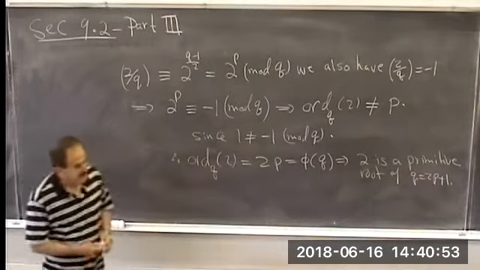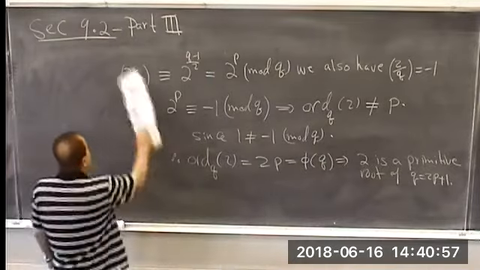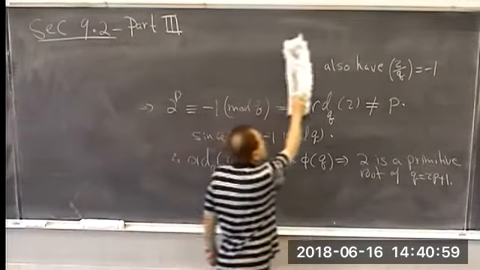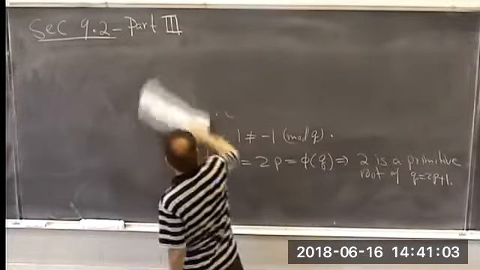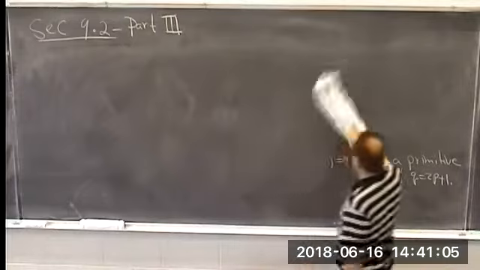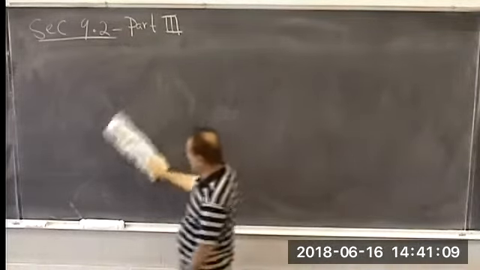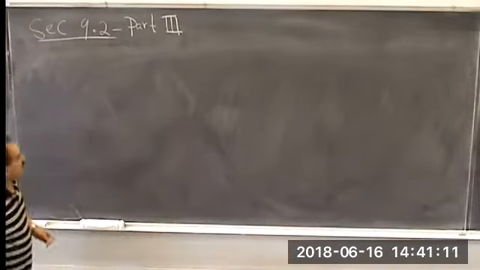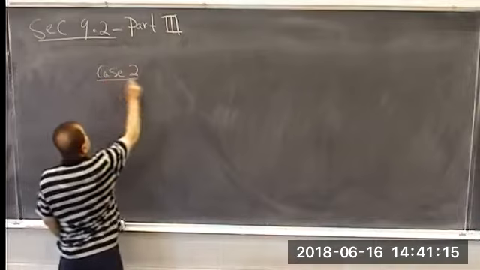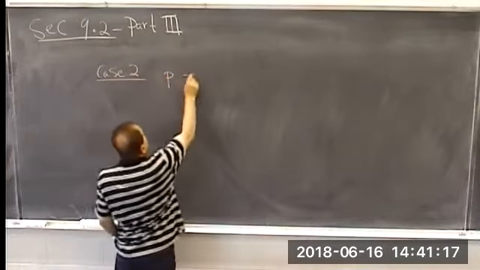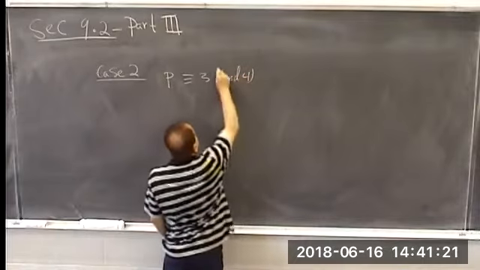All right, let's look at the second case, which I said is similar, where the prime p is of the form 4k plus 3. Case 2, p is congruent to 3 mod 4.